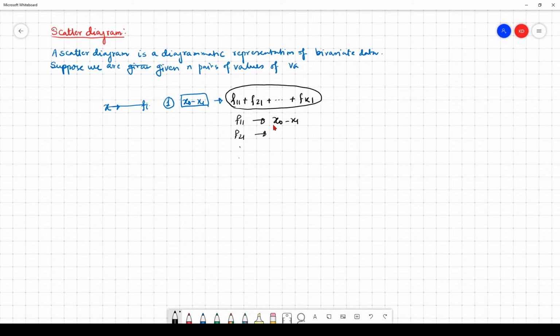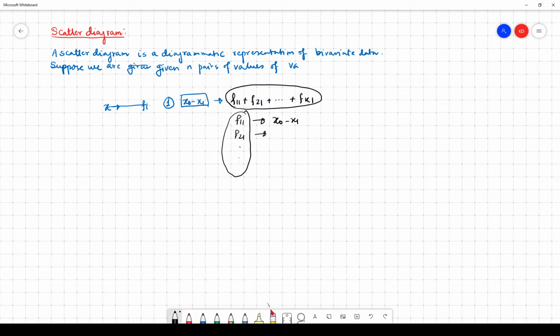If you add all these frequencies, listen carefully.